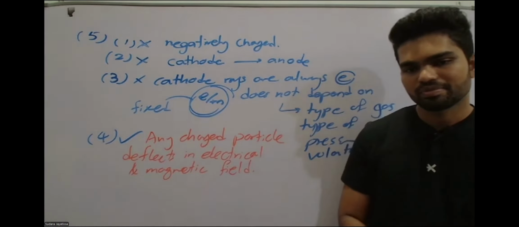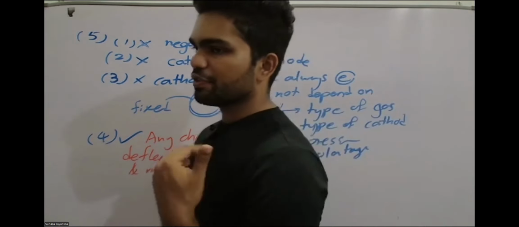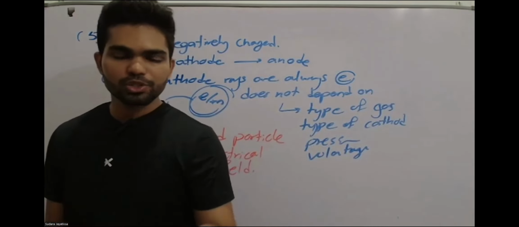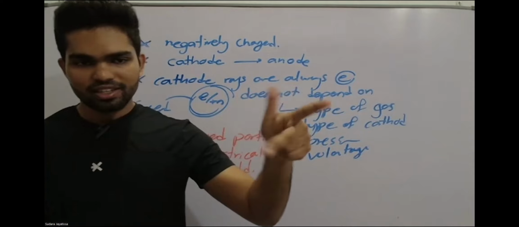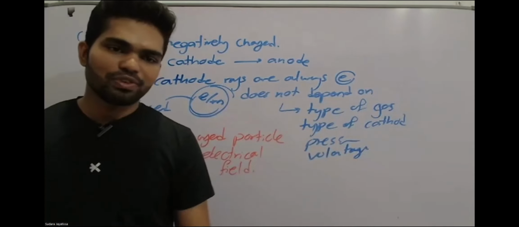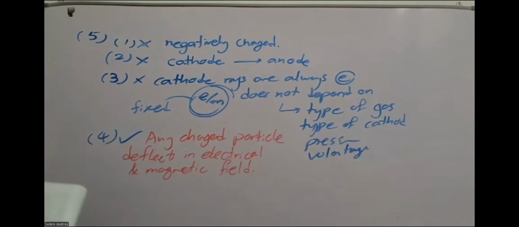In an electrical field they deflect towards the positive plate, and in a magnetic field they deflect perpendicular, according to Fleming's left-hand rule. So the fourth one is the answer, that is correct.